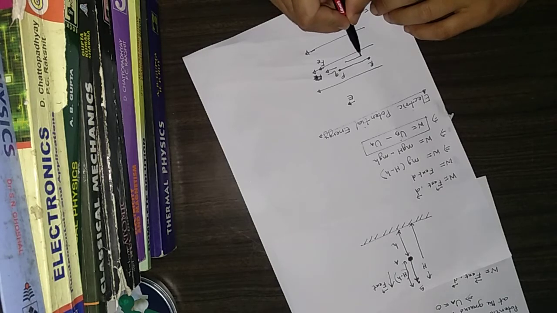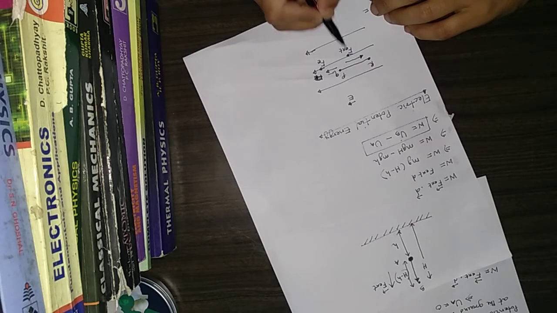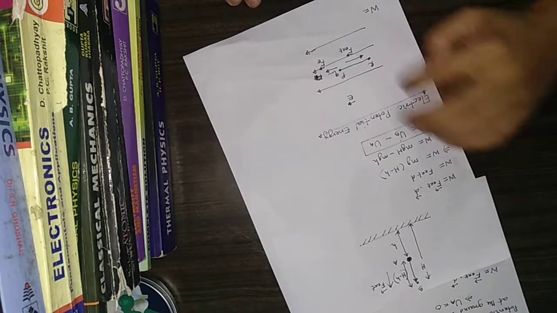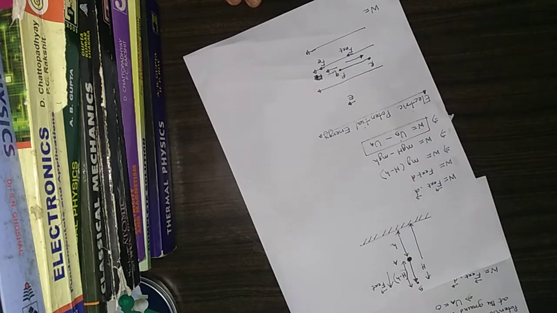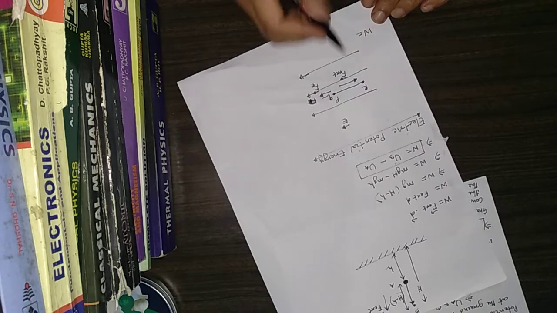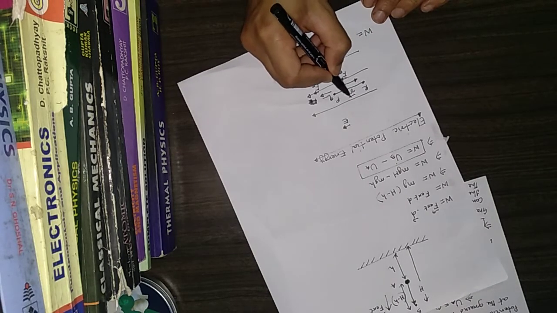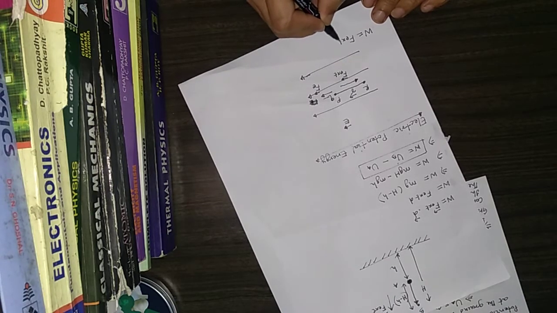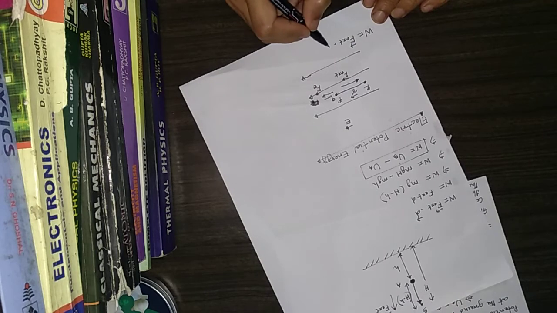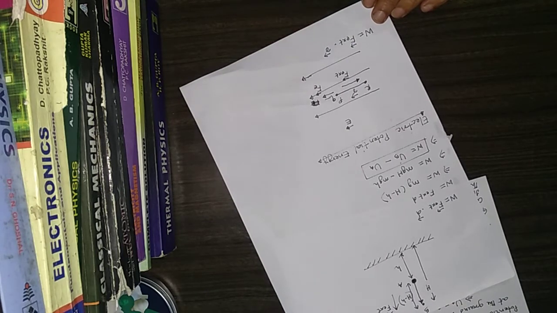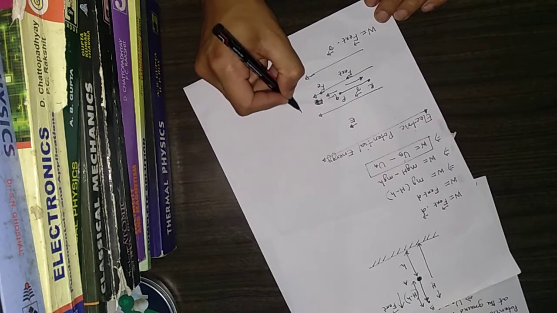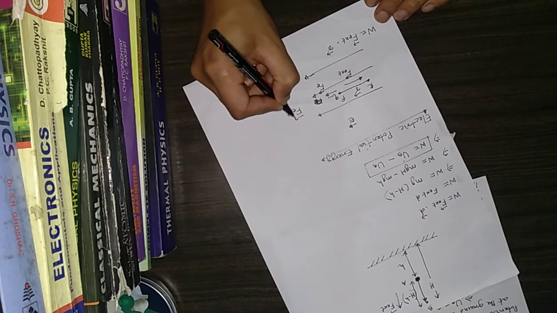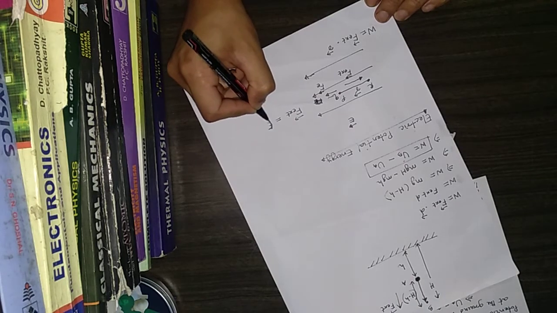Now in this case we have to utilize an external force opposite to the electric force. F external will be in this direction. So work done will be F external dot this displacement R. And we know this external force will be opposite to our electric force.